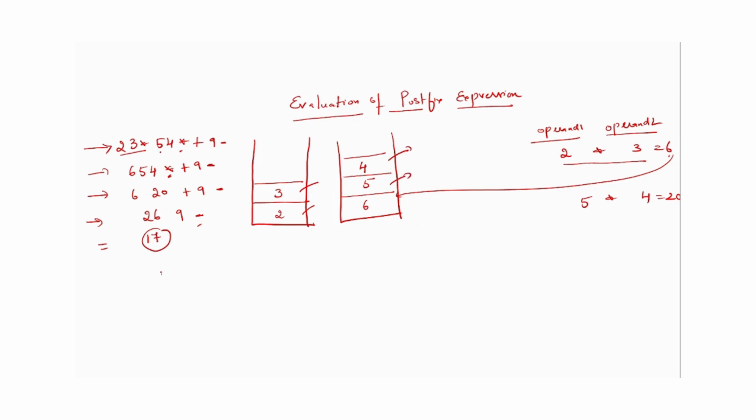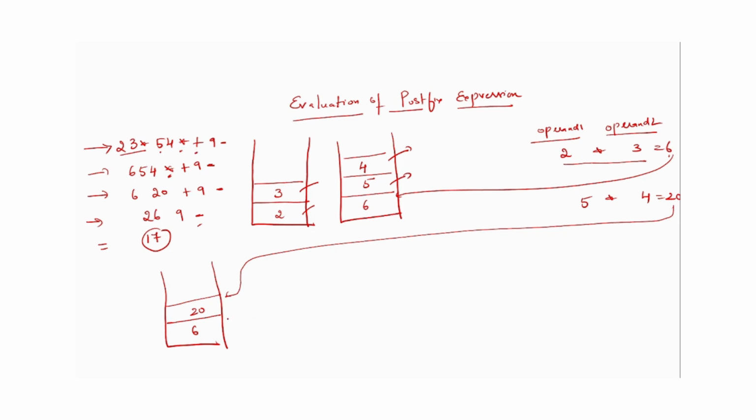Now my stack would be something like this. I will have only 6 because I have popped out both 4 and 5, and 20 I will directly push onto the top of the stack, right? So now after star I have plus here.